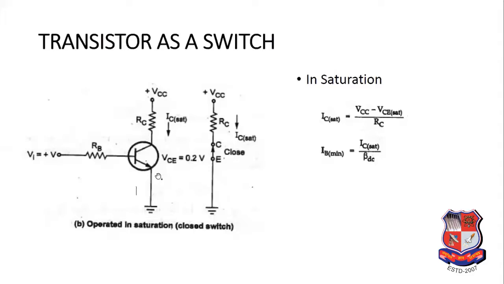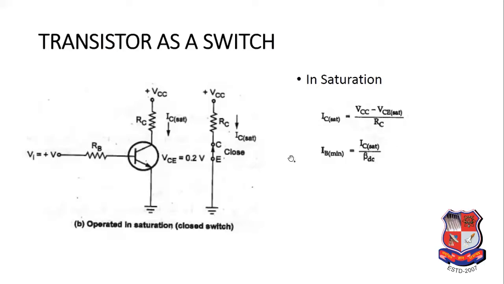If a transistor operates in the saturation region, then it acts as a closed switch. For the analysis, the collector current IC is equal to VCC minus the voltage across collector emitter, divided by RC. This equation can be obtained from KVL applied at the collector emitter part: IC saturation is equal to VCC minus VCE saturation divided by RC.